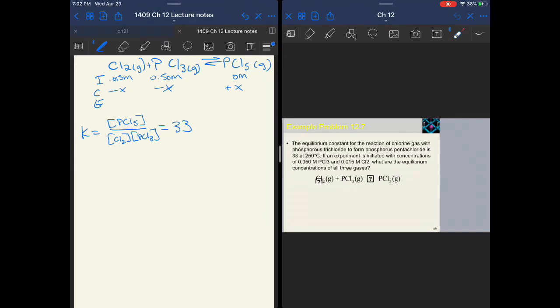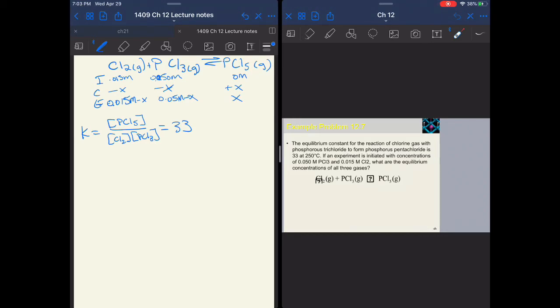So now what are our end concentrations? It's going to be 0.015 minus x, 0.05 minus x, and then PCl5 will just be x.